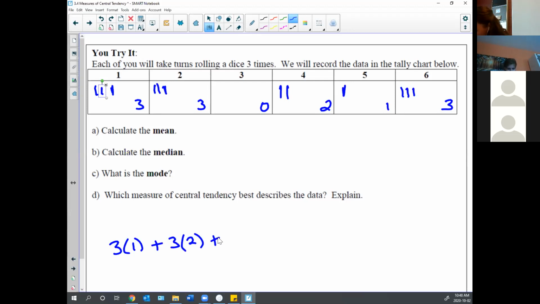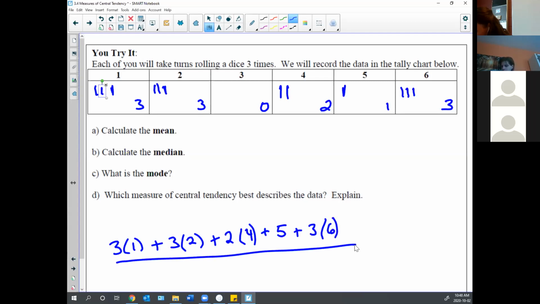I'm not going to write that down. 2 times 4, 1 5, and 3 6s for a total of 12. Would you go ahead and put in the chat what you have your mean to be? 3.3 repeating.